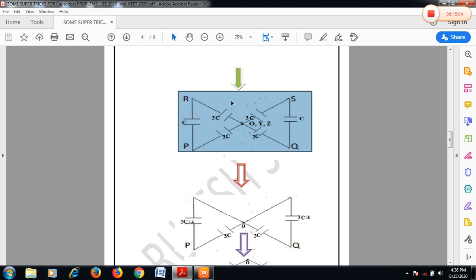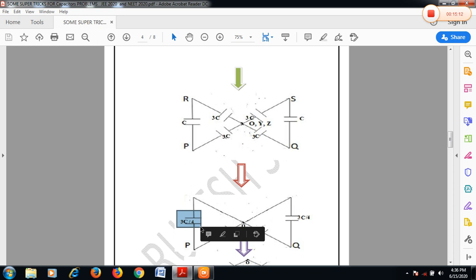So C into 3C by C plus 3C results in 3C by 4. Identically, we also combine these 3C and C, giving 3C by 4 in between O and Q.